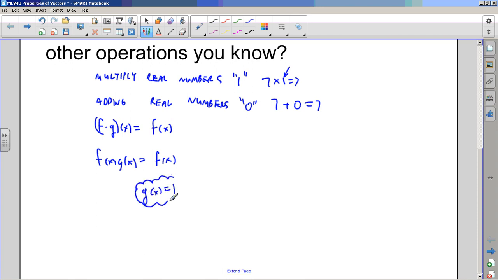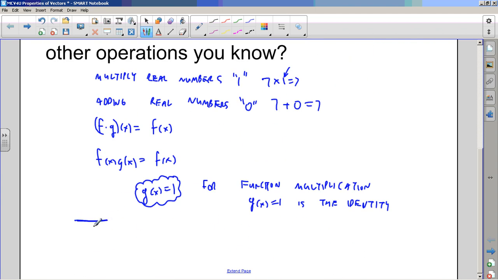Well, that's a function, and we're talking about an operation on functions. So for function multiplication, g at x equals 1 is the identity. And the identity for vector addition is the zero vector. But what about for scalar multiplication?